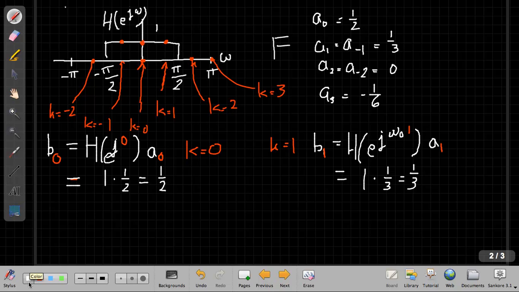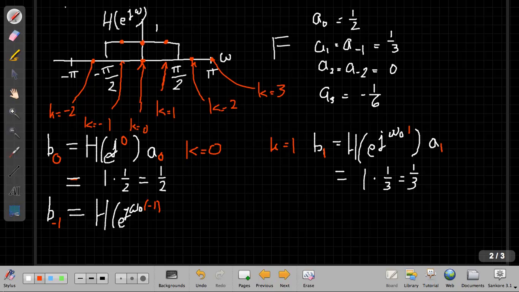Well, you can use the same idea, or use the symmetry idea here, and say, well, b of minus 1, right, so I set k equal to minus 1 for this term, is equal to h of e to the j omega naught, and now this k up here would be times minus 1, right?